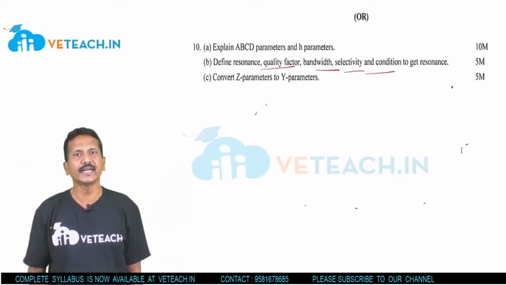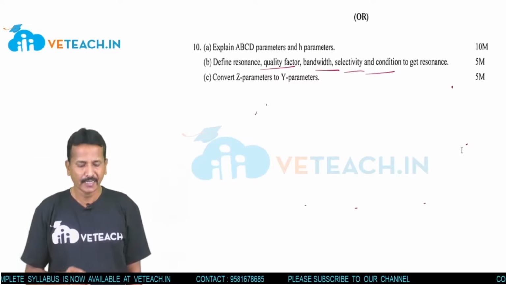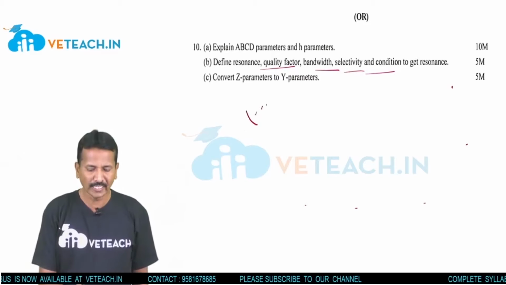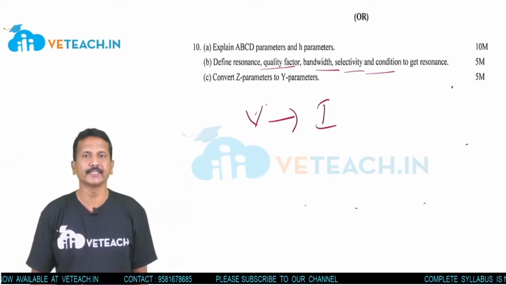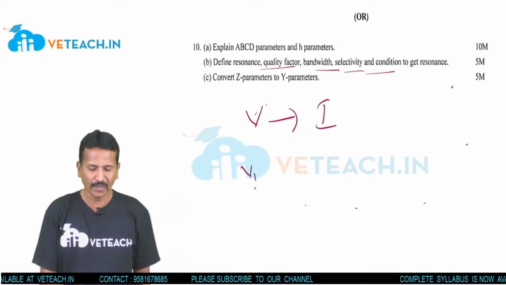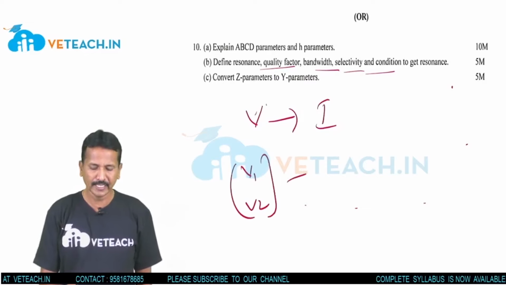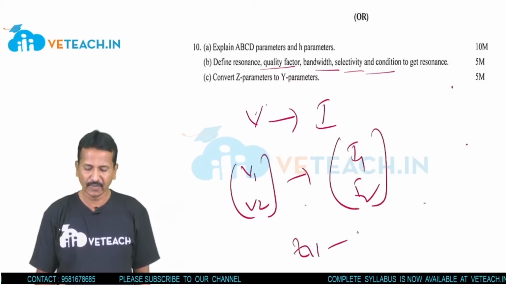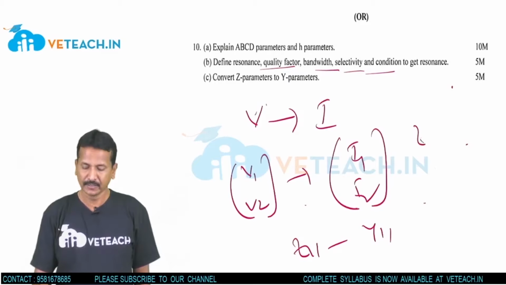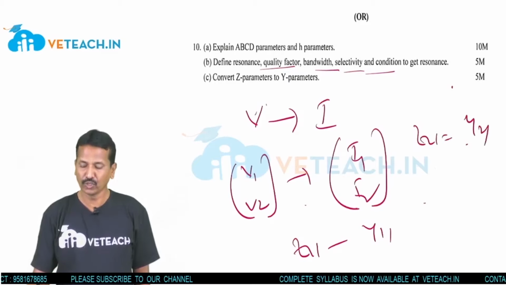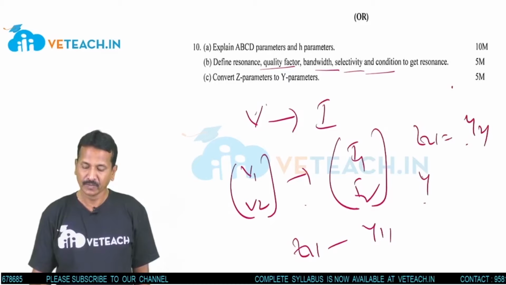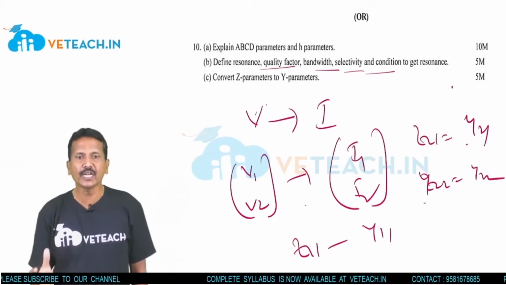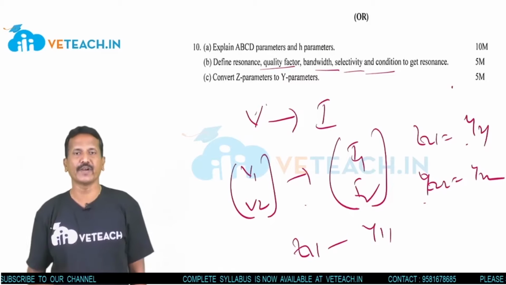Here, converting Z parameters into Y parameters means voltage has to be converted into current. Here V1, V2 in terms of I1 and I2, that is Z11 in terms of Y11, Z21 is equal to Y21, and Z22 is equal to Y22.